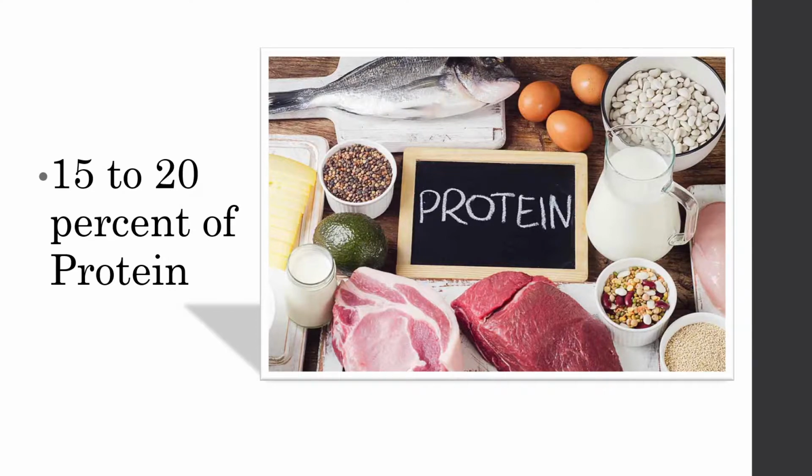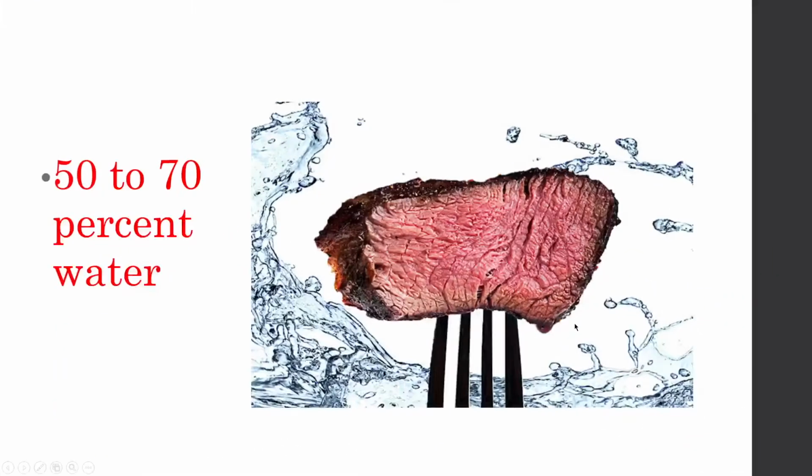That is why yung mga nagji-gym, some of them are taking food supplements na mayroong protein. Meron ding nagda-diet na ang kinakain lang nila mostly yung mga tender meats. Because meat consists of 15 to 20% of protein. So please do remember that, 15 to 20% of protein. And 50 to 70% is water.